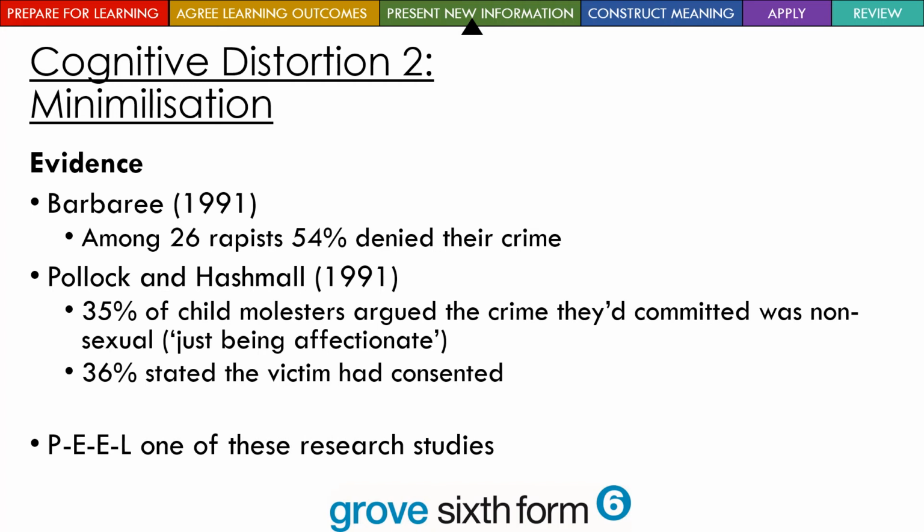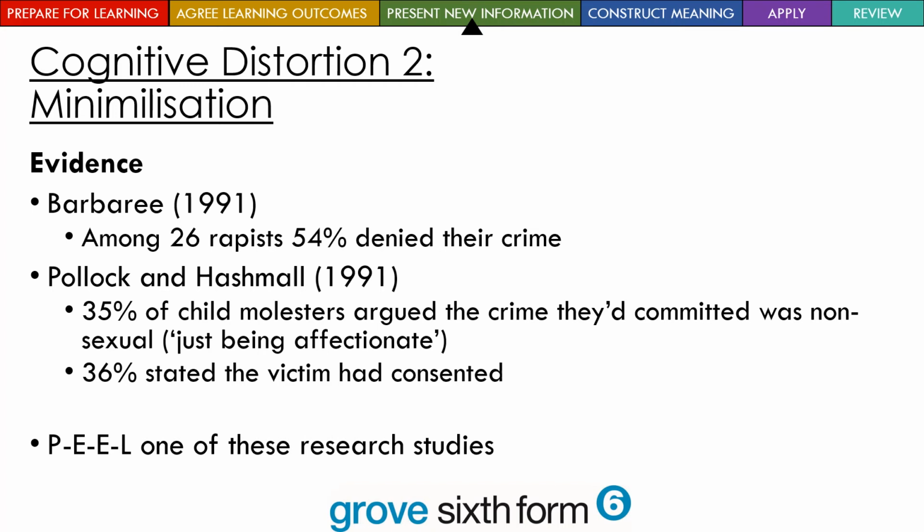So again, failing to acknowledge the serious nature of what they'd done, trying to give it a description which they felt more secure with. 36% of individuals stated that the children had consented, which we know is a non-issue, but they still use that as part of their layer of support.